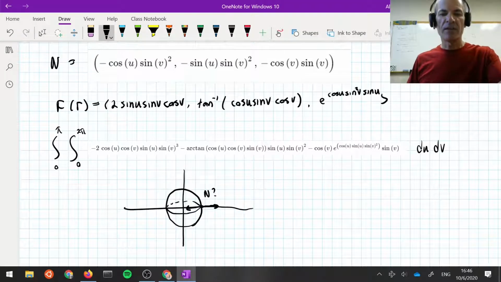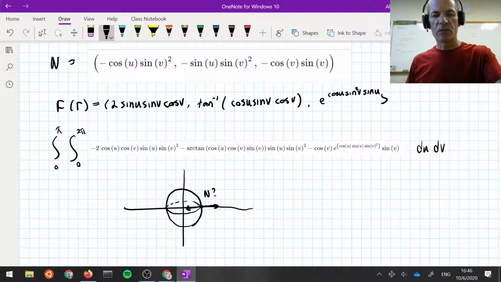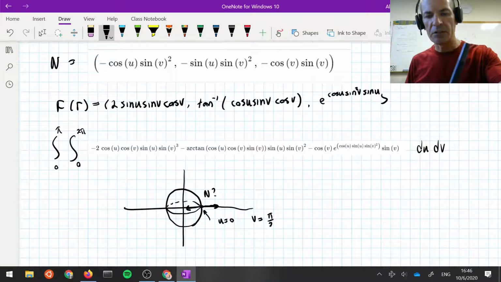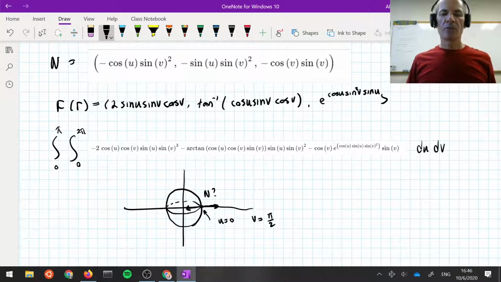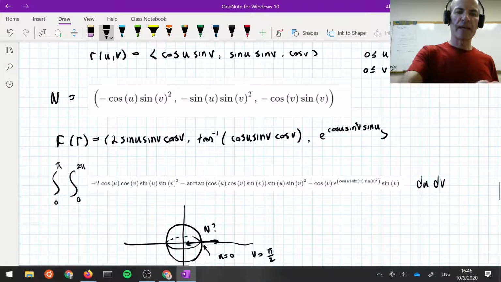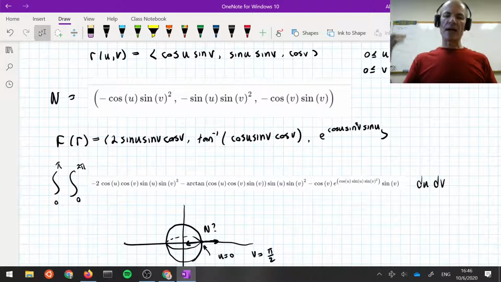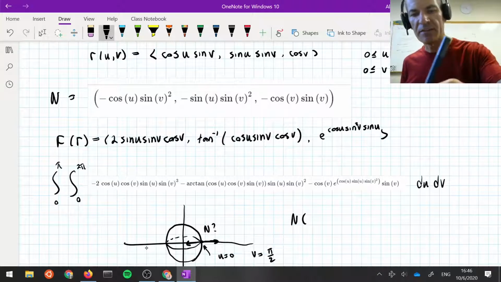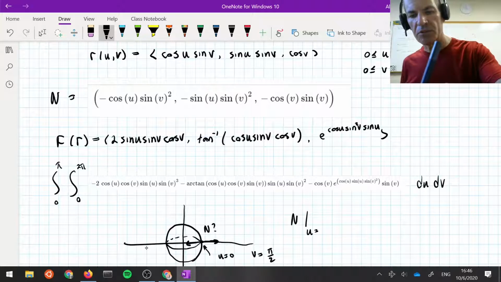Well, what are the parameters that correspond to this point? They are u equals 0 and v equals pi over 2. So we can get an idea about which way n is pointing, inward or outward, simply by evaluating n at the point u equals 0, v equals pi over 2.